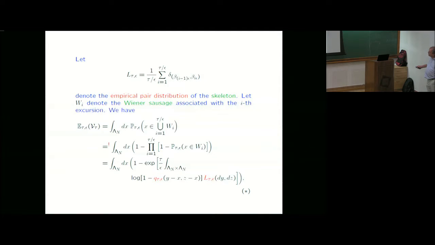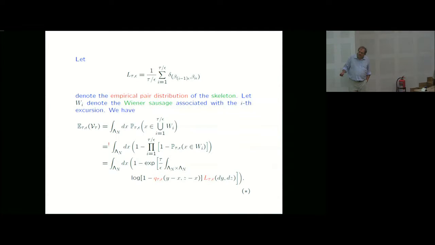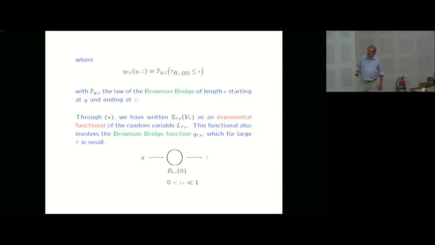And now I can raise this product to an exponential and then having a sum of the logarithms. And then the probability that point x is in the Wiener sausage, I can write down as an integral that involves this empirical pair measure. And that comes from the following picture.